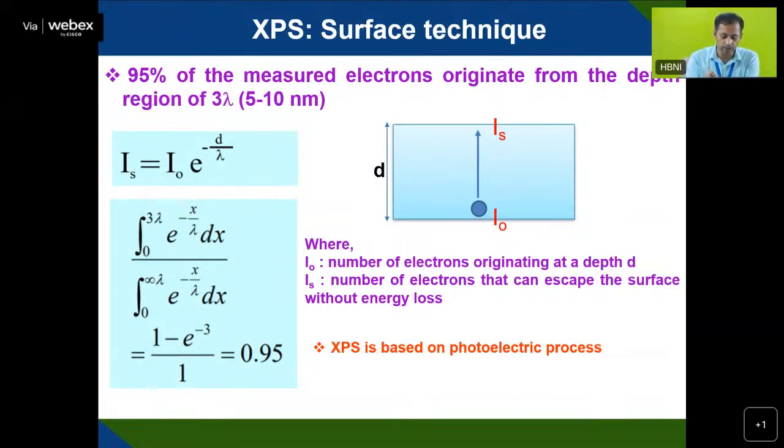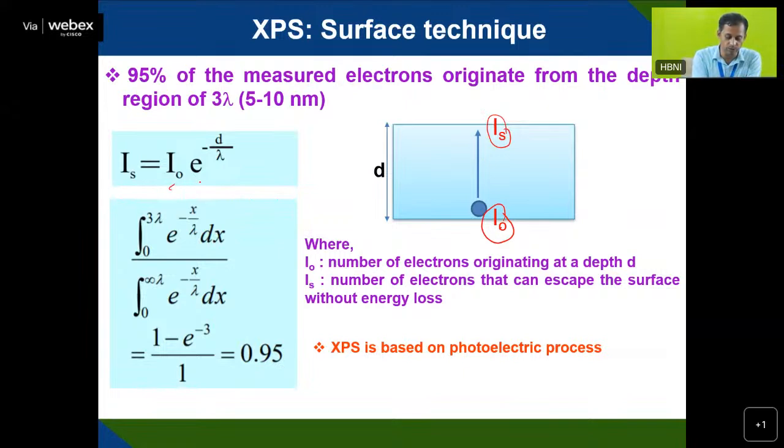If you see the incident beam interacting on this sample, I0 is the intensity of the electrons, and IS is the scattered electron coming out.